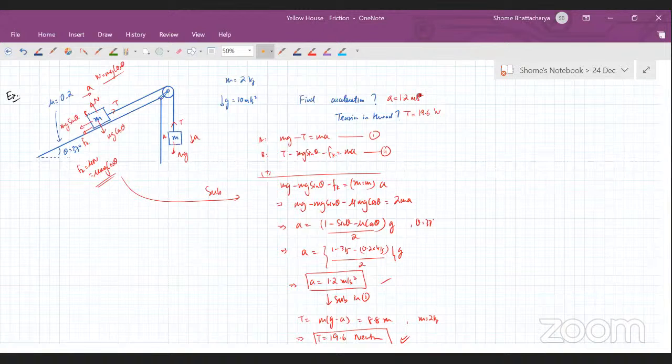Sorry, 17.6. My mistake. Yes, that's correct. The tension will be 17.6.